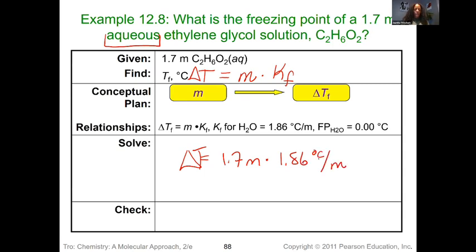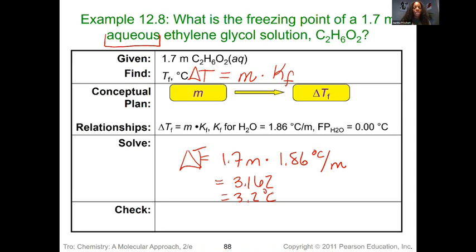Okay, and so when we calculate that, we end up with 1.7 times 1.86, and that gives us a change in temperature of 3.162. Proper sig figs, we'd say 3.2 degrees Celsius.